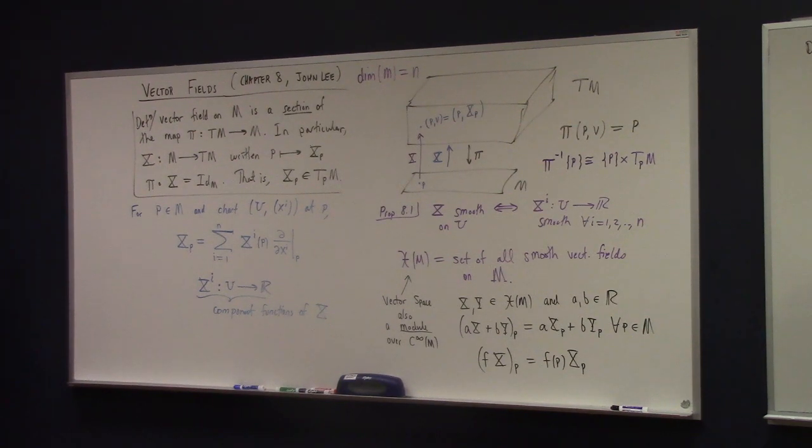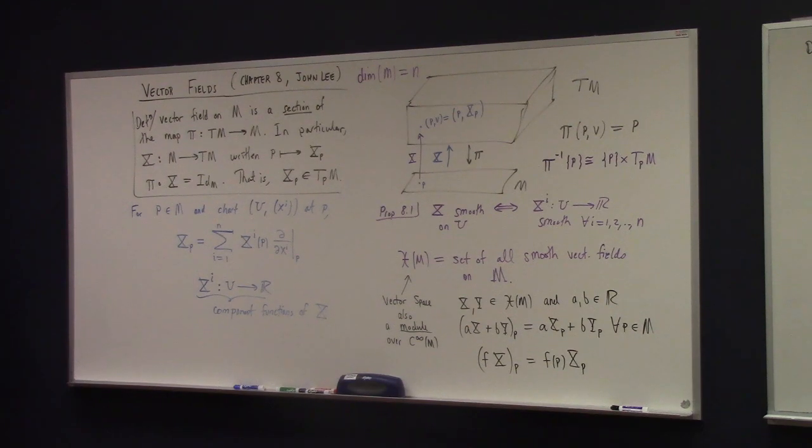If you feed these k vector fields a point, you get a linearly independent subset of T_pM for all p in A.